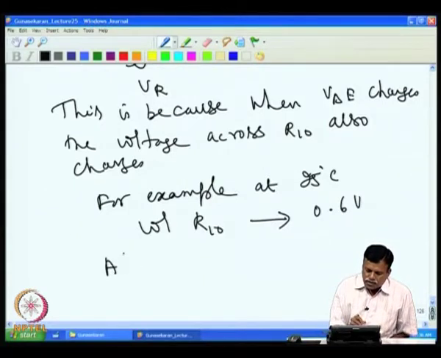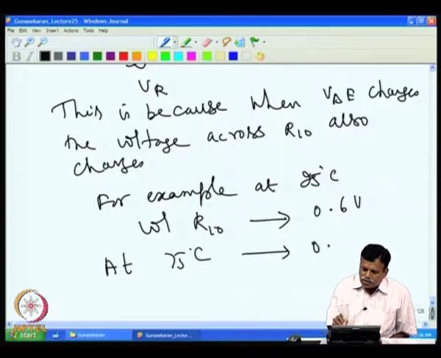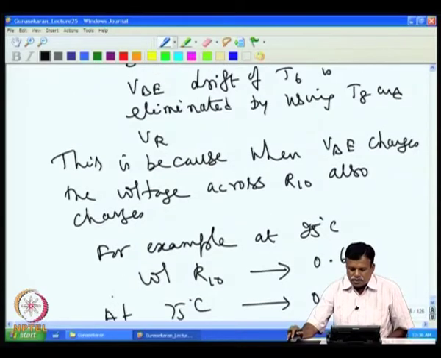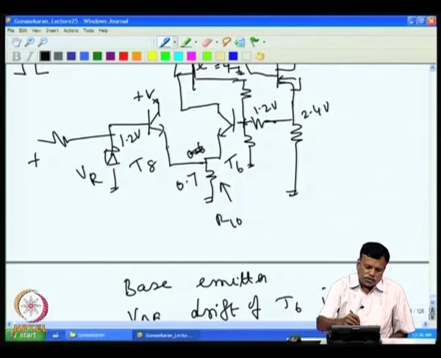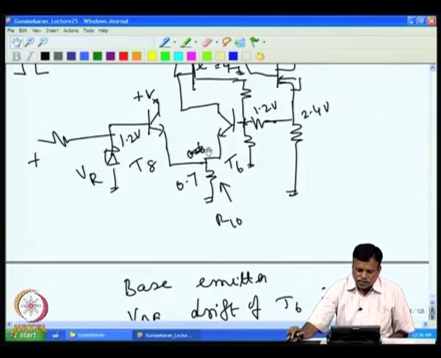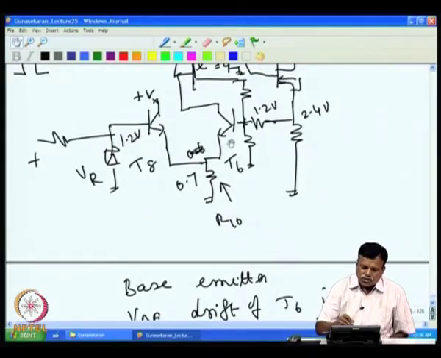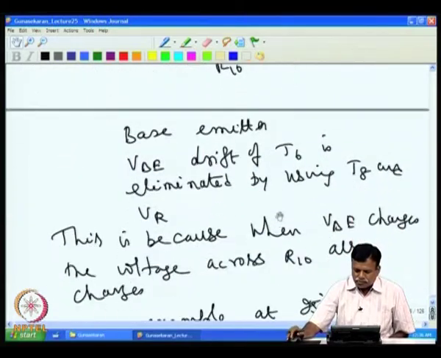At 75 degree it comes nearly to 0.5 volt, because now the base emitter voltage has decreased. So, at high temperature it had become 0.7. Now, T6 also needs only 0.5 volt.